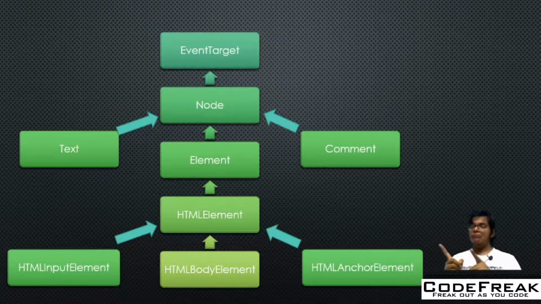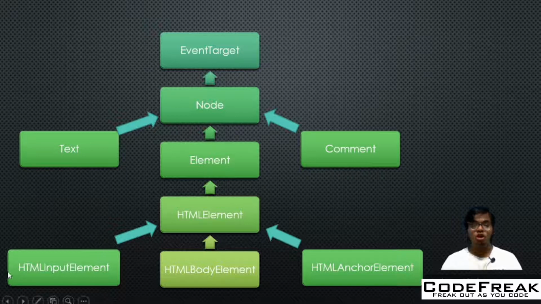This mapping is how the objects are inherited. For example, in the previous one we had seen the HTML input tag, and the HTML is converted to a DOM object. The object is made from the HTML input element class. This inherits from HTMLElement, and HTMLElement inherits from Element, then Node, and even EventTarget.